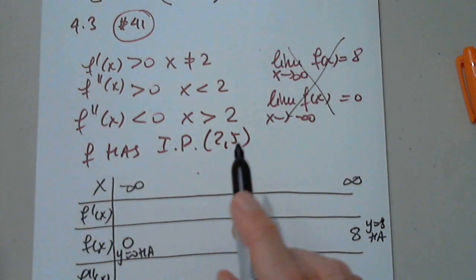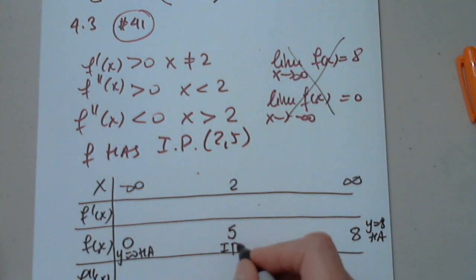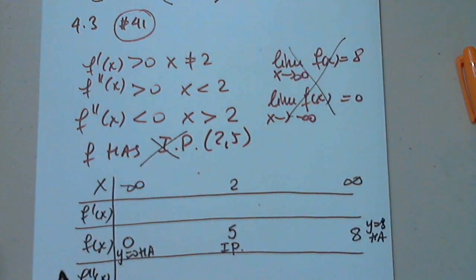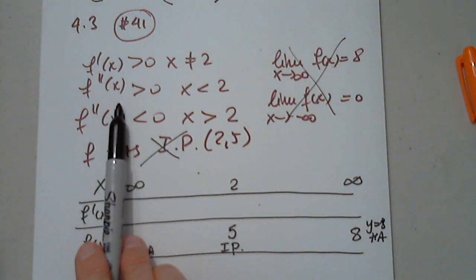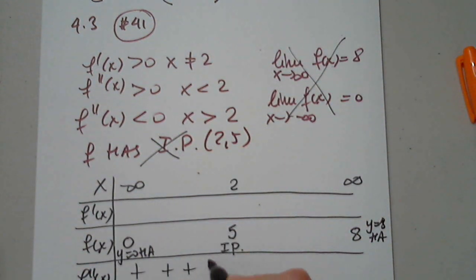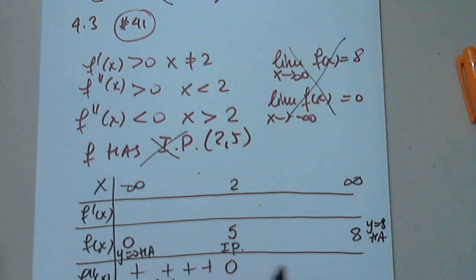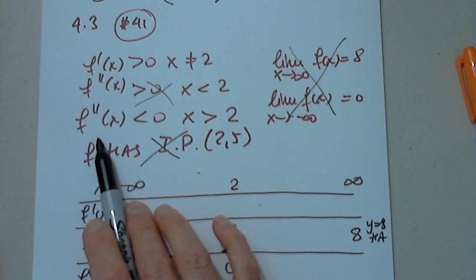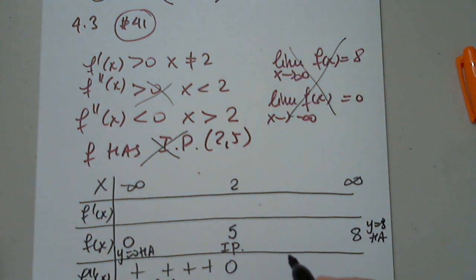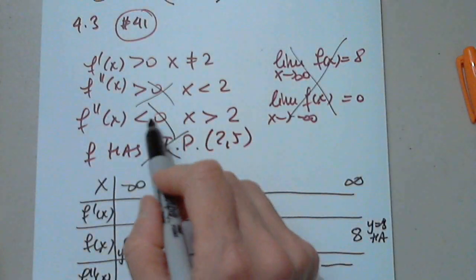So (2, 5) is an inflection point. I put it in, done. To the left-hand side of 2, the second derivative is positive, which means the function opens up. At 2, I would put 0 here, or you can put undefined, but I'll put 0. The second derivative is negative for x greater than 2, which means it opens down.